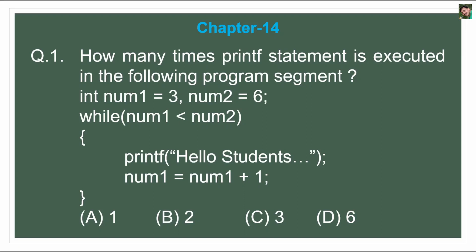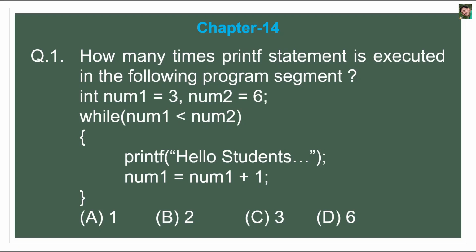While num1 is less than num2, we will go into the loop and print hello students, and then we will increase the value of num1 by 1. It will keep on doing this as long as the value of num1 is less than 6. Once it becomes equal to or greater than 6, the loop will stop.